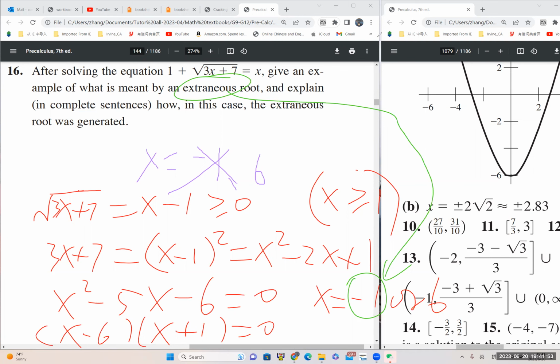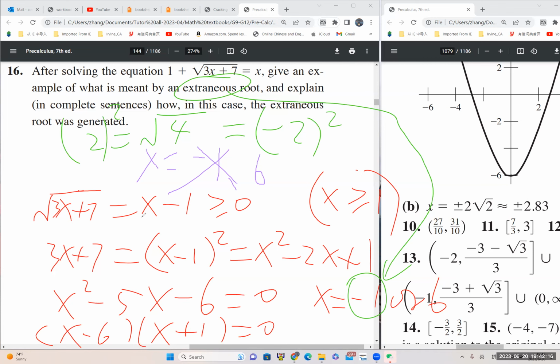Now let's see how this happened. If x is -1, actually here is -2, right? Yeah, I see my mistake. But this side is 4, which means it's 2. So 2 equal to -2 is false. But when you square it, you think they are equal, right?